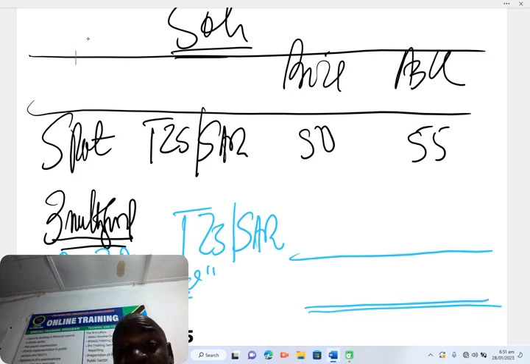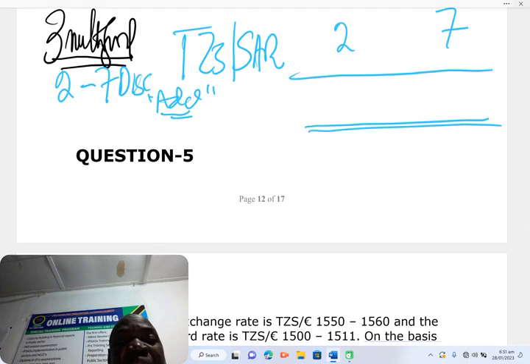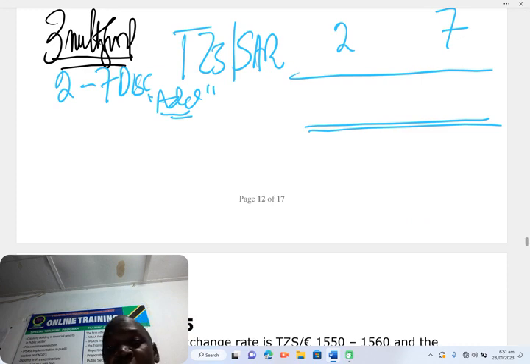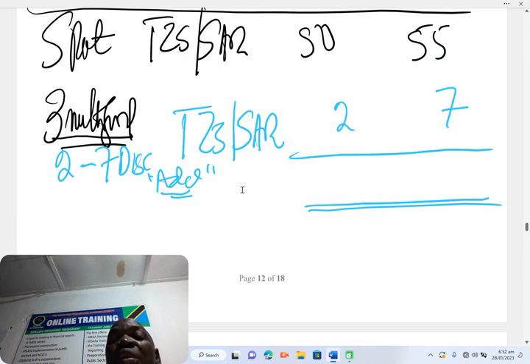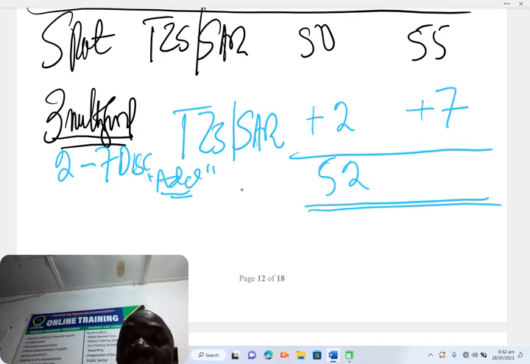We have been given 2 to 7. Now how much are we getting? Yes, 9. Bid is 52. Good news. So add. 52 against 62. That is the bid rate.